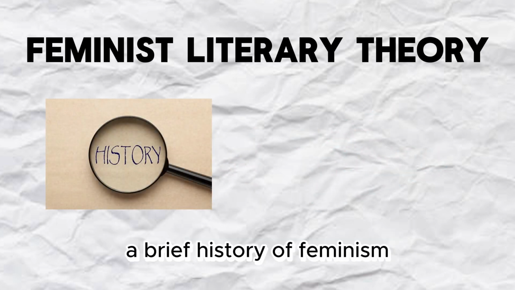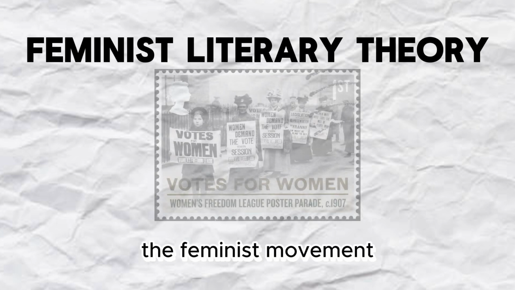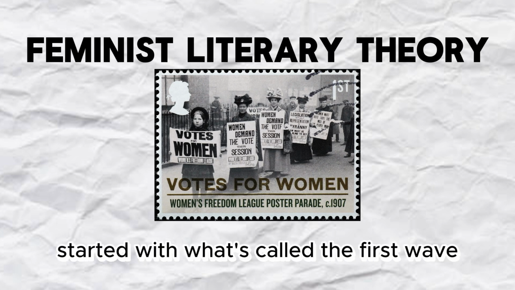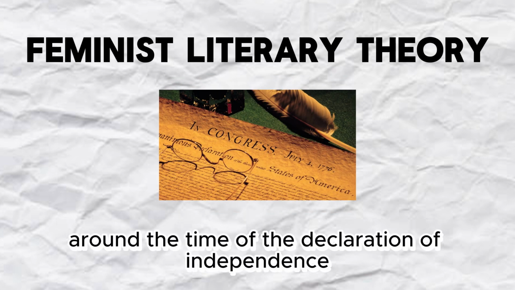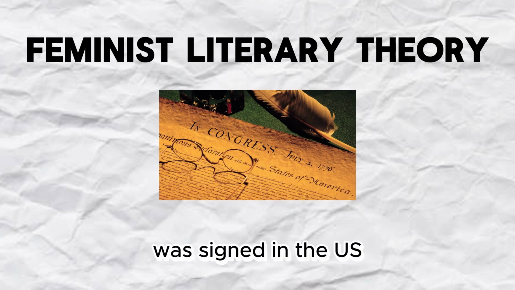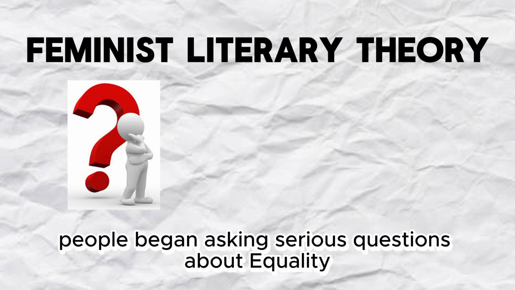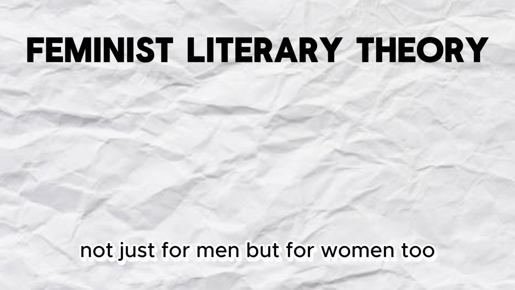A brief history of feminism. The feminist movement started with what's called the First Wave in the late 1700s. Around the time the Declaration of Independence was signed in the US, people began asking serious questions about equality, not just for men, but for women too.